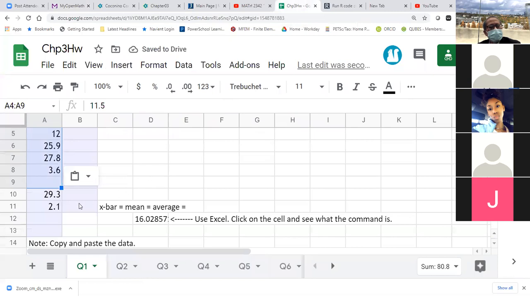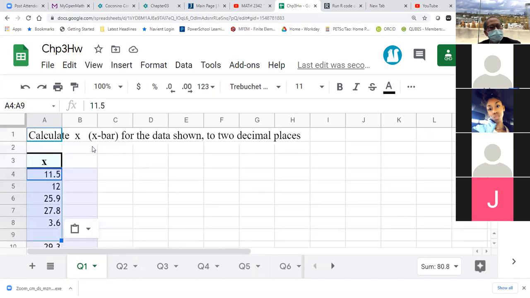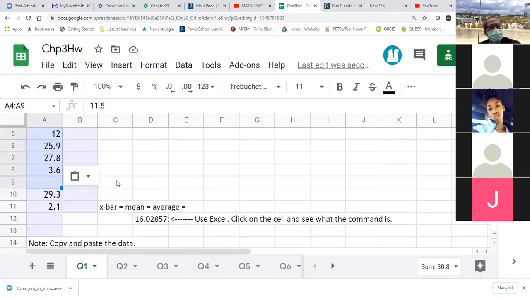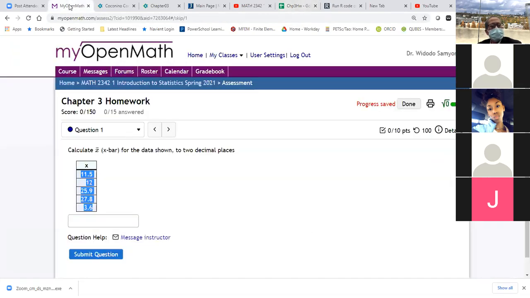And you can see your data only, I mean, in this example, the data is only 1, 2, 3, 4, 5, 6. So you don't need to have it. It's not 2 to 5. From 11.5 to 3.6, right?